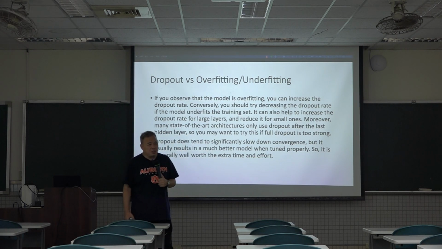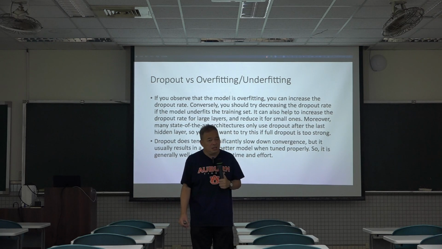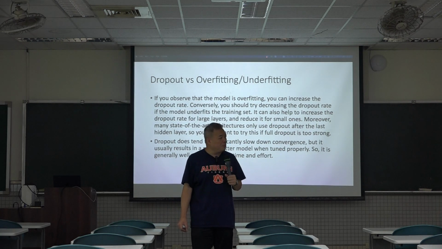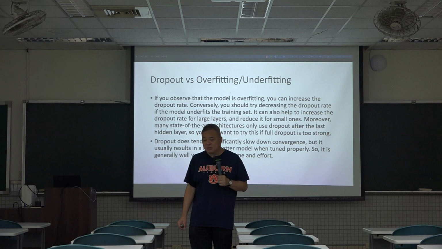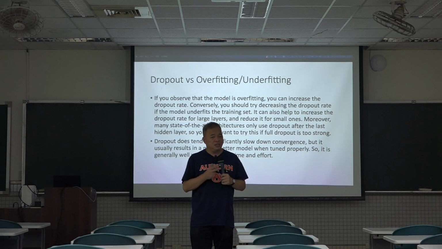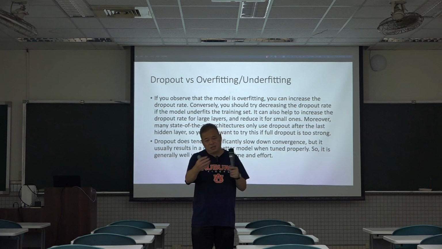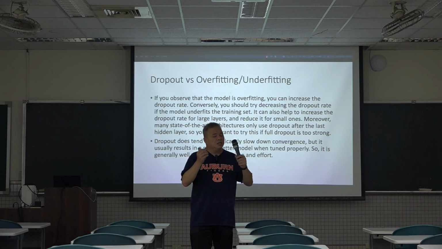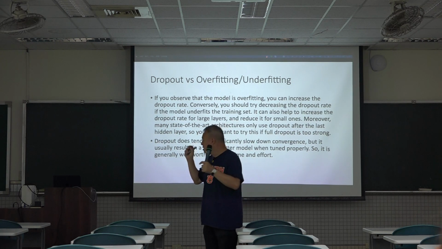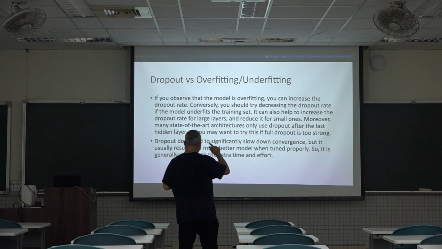If the model is overfitting, what does that mean? It means you have too many parameters and the data size is too small, either way you explain that. So in that case, you should increase the dropout rate.